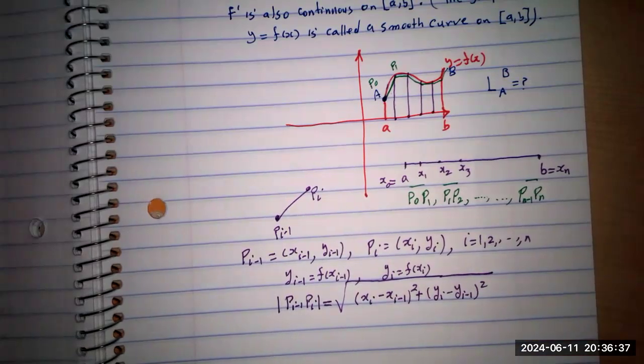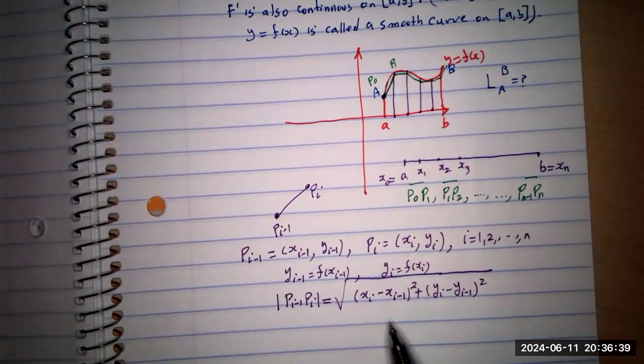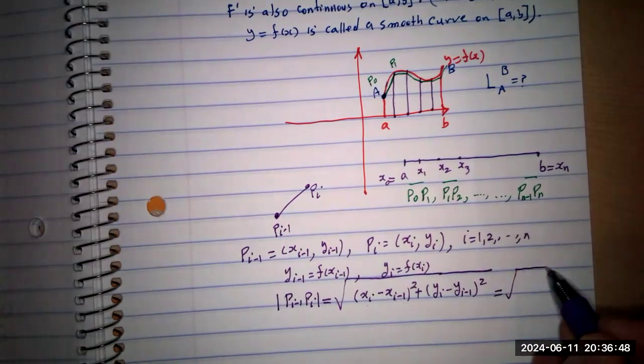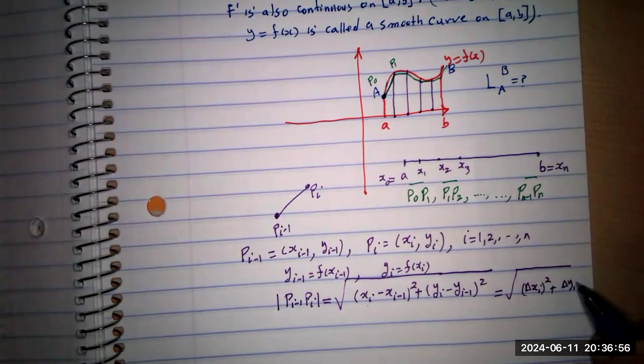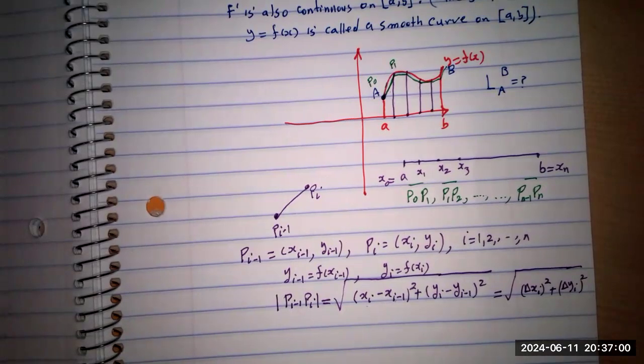Okay, so that gives you the length. If you like, you can write it in differential form, the change in x and change in y. You can rewrite it as delta xi all squared plus delta yi squared. That gives you the distance of one segment.